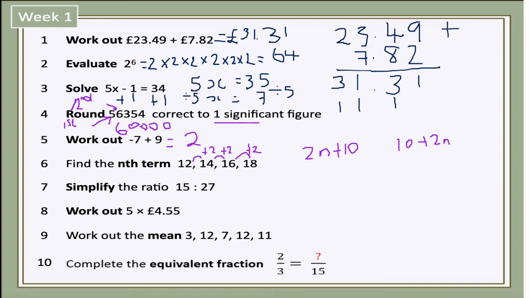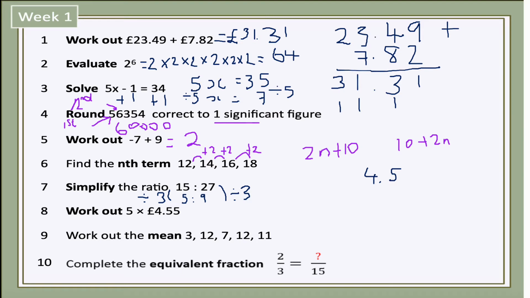Okay, this is question number 7. Simplify the ratio 15 to 27. Well, the highest common factor between 15 and 27 is 3, I believe, so I'm going to get 5 to 9. Okay, so dividing this by 3 and this by 3, so 3 is my highest common factor in that ratio. This is question number 8. Work out 5 times £4.55.